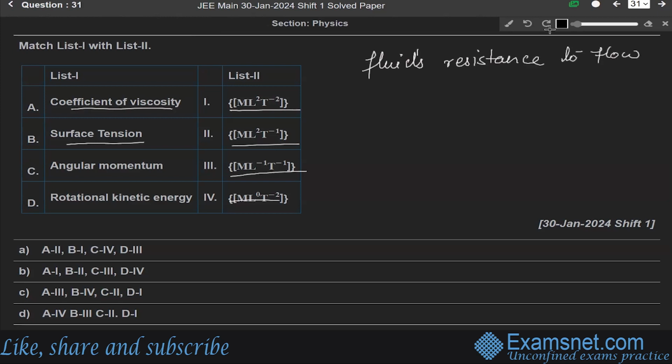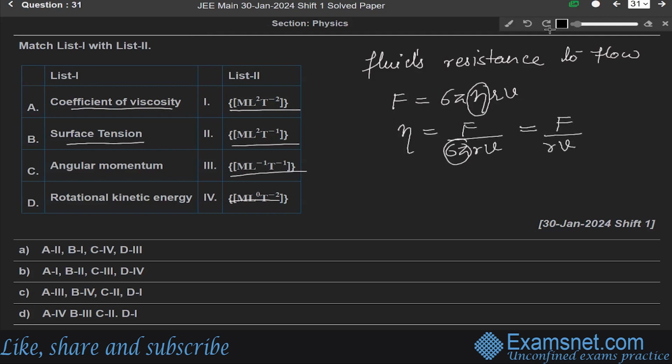It is the ratio of the applied stress to the rate. So we write force equals 6 pi eta r into V, where eta is the coefficient of viscosity. So eta equals force over 6 pi r into V. 6 pi is constant, so eta will be equal to F over r into V.